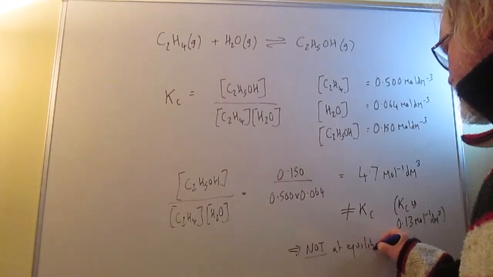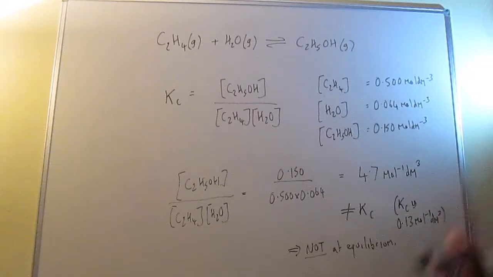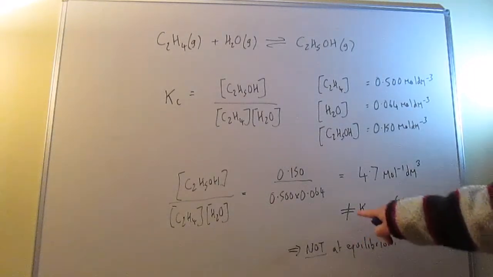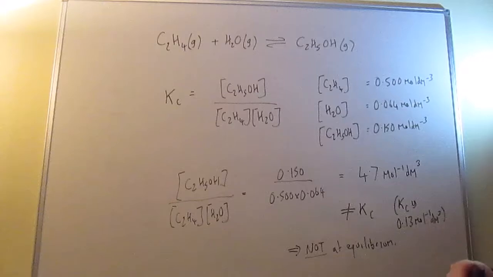Okay, and you should write that down. You shouldn't just say this does not equal Kc, because the question said show that it's not at equilibrium. So you have to explain that it's the very fact that this doesn't equal Kc that tells you it's not at equilibrium. So it's spelling it out all the time, not leaving the examiner to figure it out for themselves.